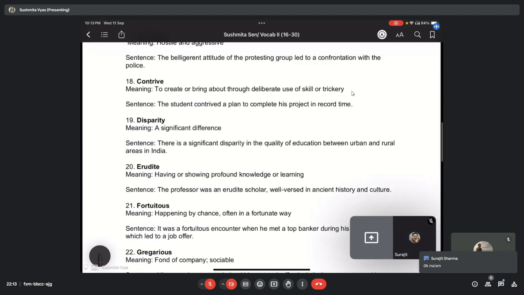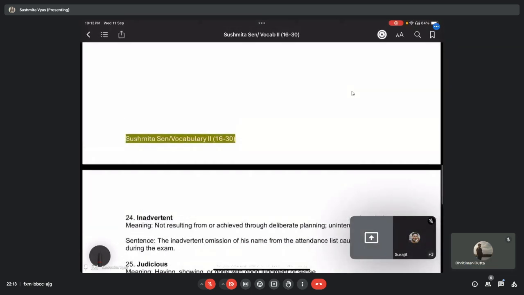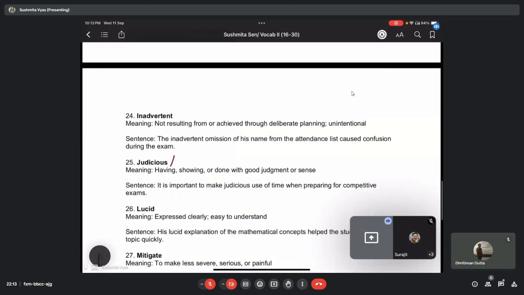Okay. There are 15 new words. Also, I'll mark here judicious, judiciary, and judicial. Your task is to find the meaning of these words. Judicious is already given here.